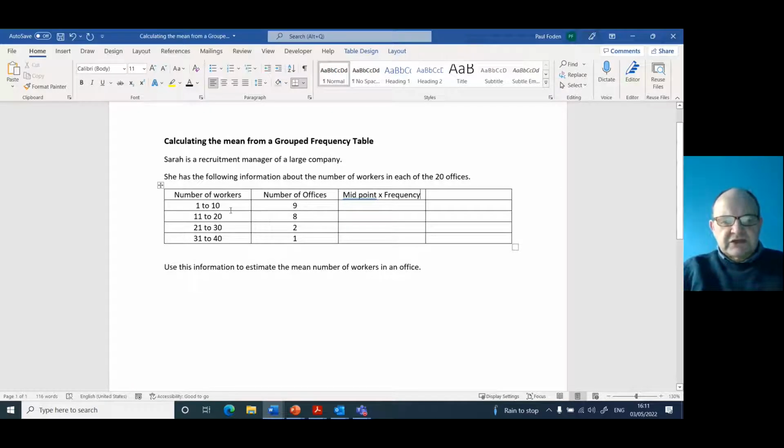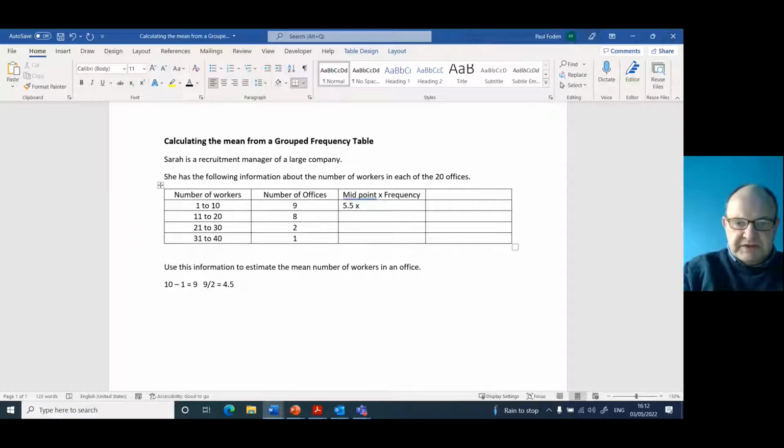So we work out the midpoint between 10 and 1. To do this we do 10 take away 1, which equals 9. Then we divide that 9 by 2, and that will equal 4.5. So if we add 4.5 onto 1, we find our midpoint, which is 5.5.